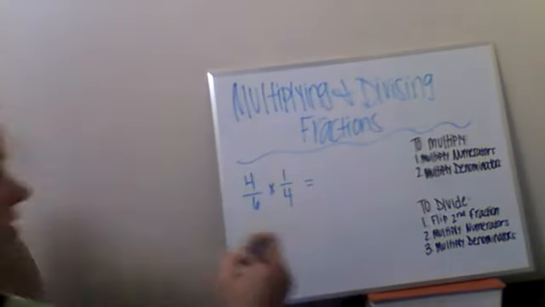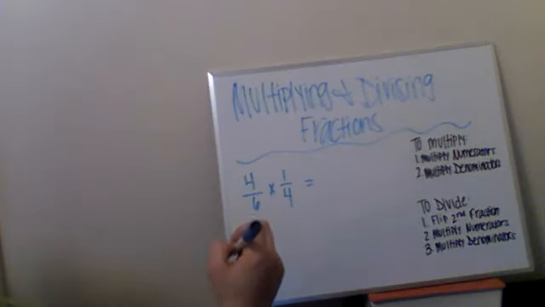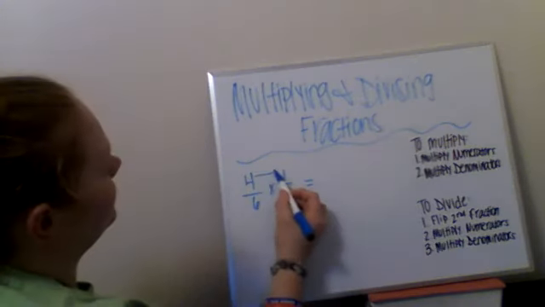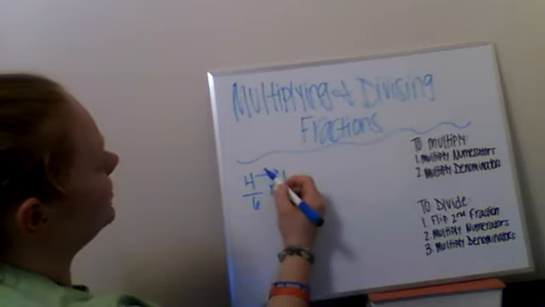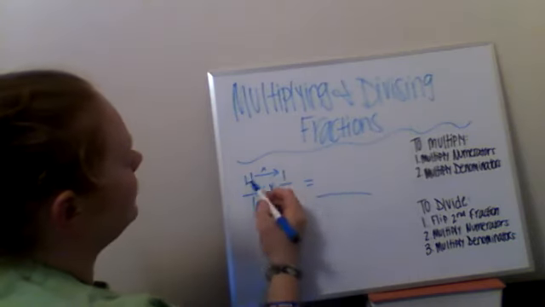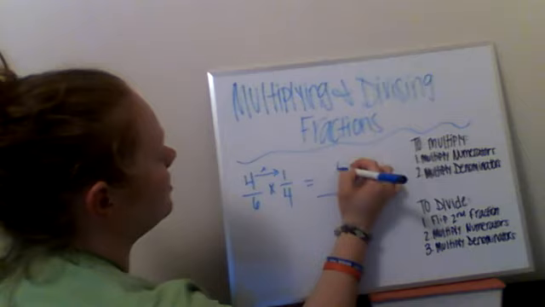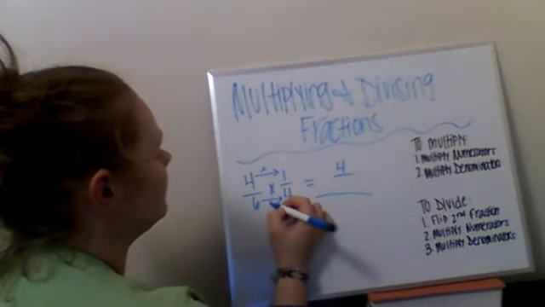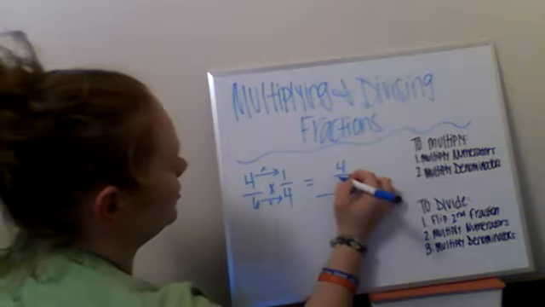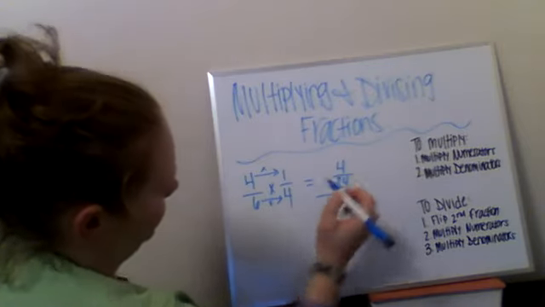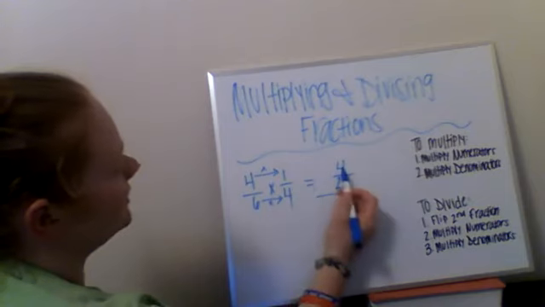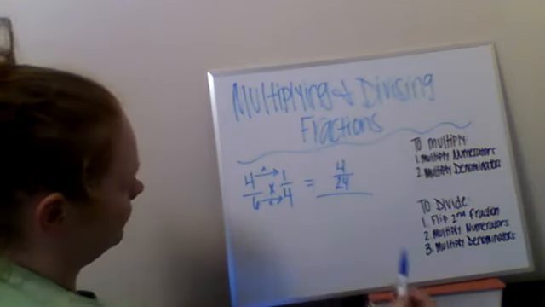Okay, so you're going to look at your numerators and multiply your numerators first. So 4 and 1, I'm going to multiply those. 4 times 1 is 4. Then I look at my denominators and I'm going to multiply those. 6 times 4 is 24. So 4/6 times 1/4 is 4/24.